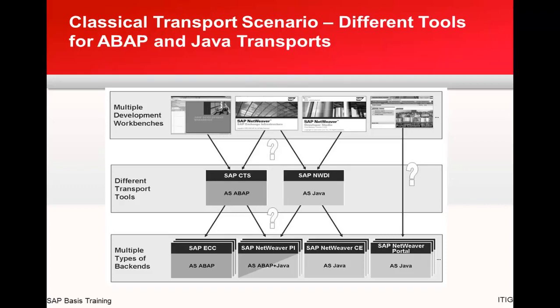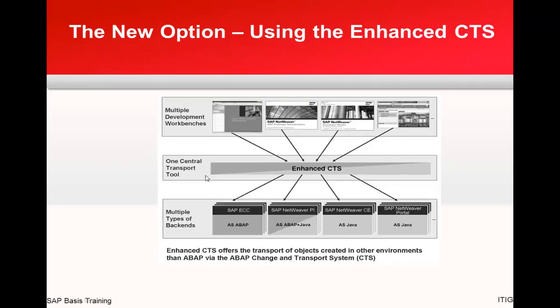Then for transporting the portal environment, you have different tools. So for the ECC system you have one thing, for the PI system there is ABAP and Java. For CE, that is composite environment, you have a different way of transporting it, and for the portal system you have a different way of transporting using the Java layer.